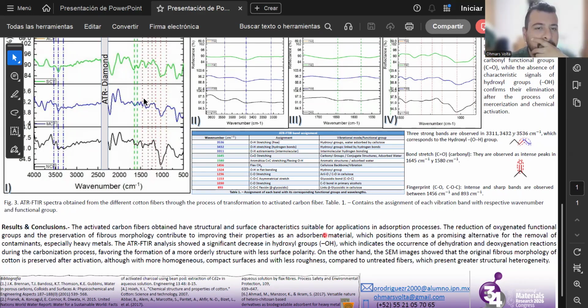This behavior indicates dehydration and deoxygenation reactions during the process of mercerization, stabilization, and activation with sulfuric acid, leading to a more ordered carbon structure with a lower surface polarity.